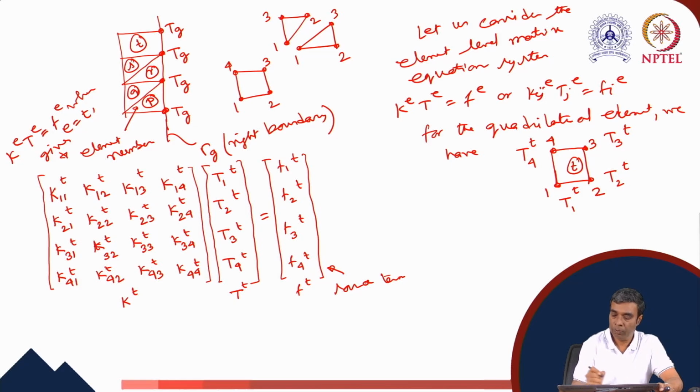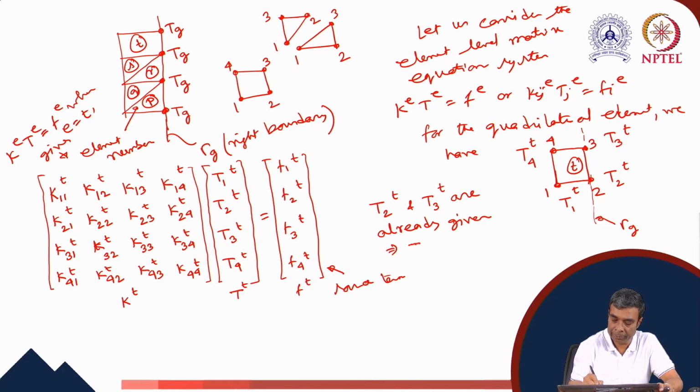Okay, now for this particular element, this is our part of the gamma G, T2T and T3T are already given.